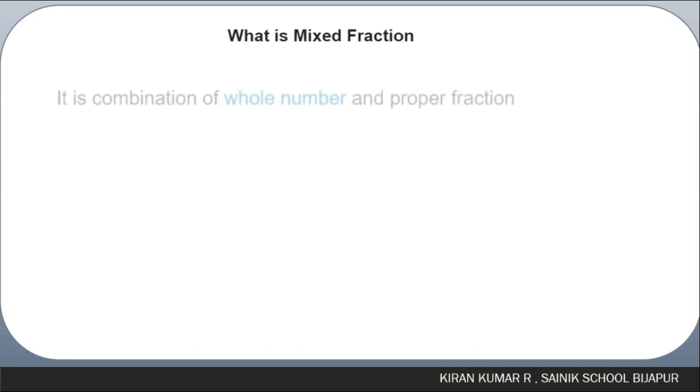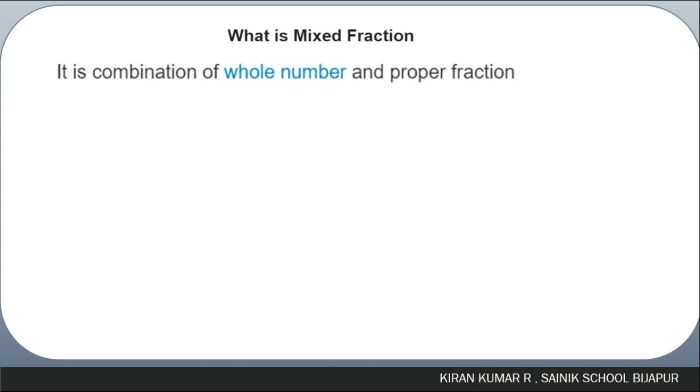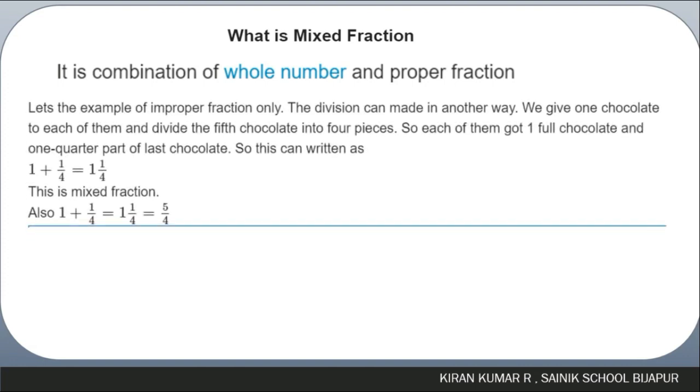Next we have mixed fraction. What is a mixed fraction? A mixed fraction is a combination of a whole number and a proper fraction. Let's take the example of the improper fraction only. The division can be made in another way.